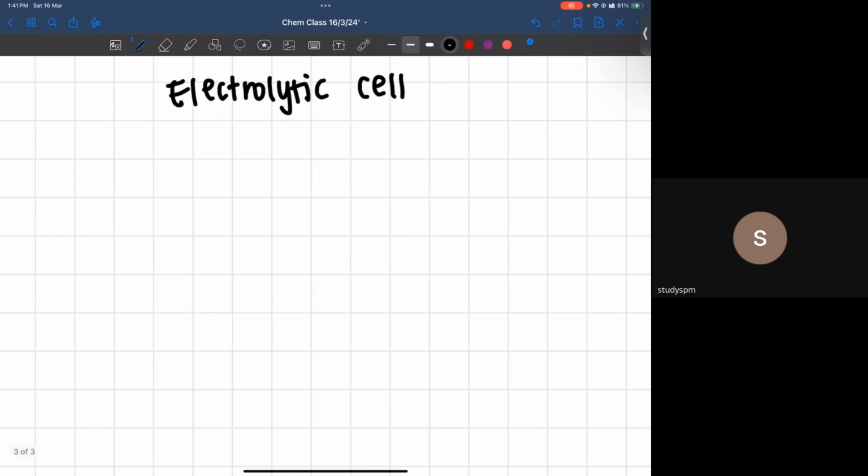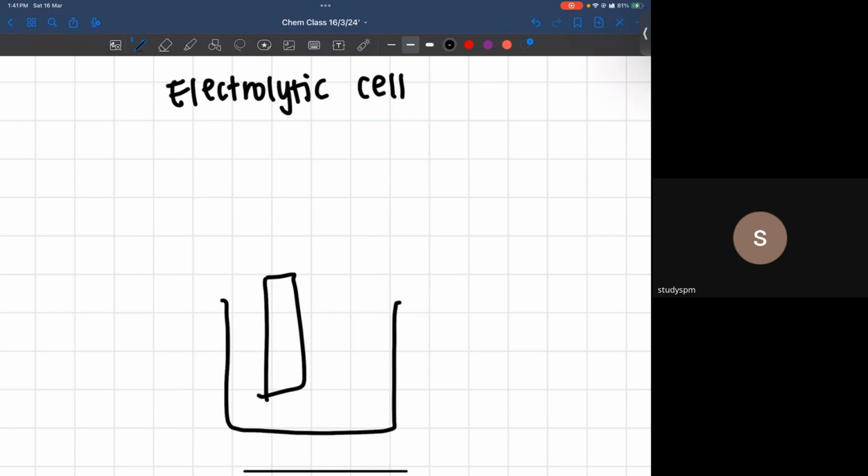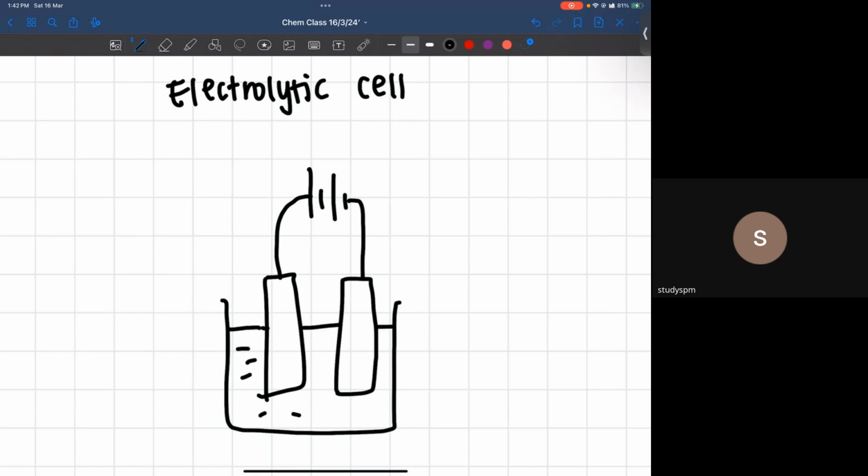You must know how to draw this, but draw it nicely. This is the battery, which we call the power supply. Then there is a solution. Let's say this one is a carbon electrode.